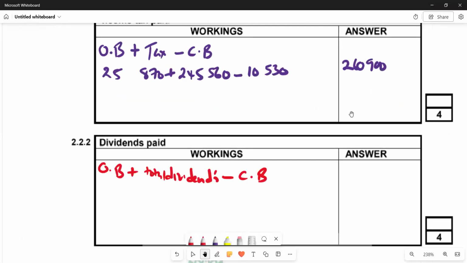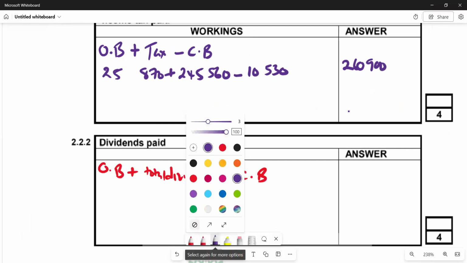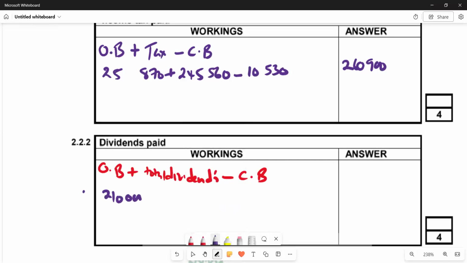So here we are saying opening balance of dividends, the figure that we have is 210,000, and then we add our interim dividends, which is 136,000. And then the total amount that we're supposed to get there is 346,000.